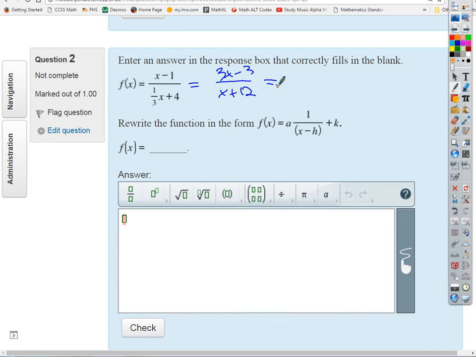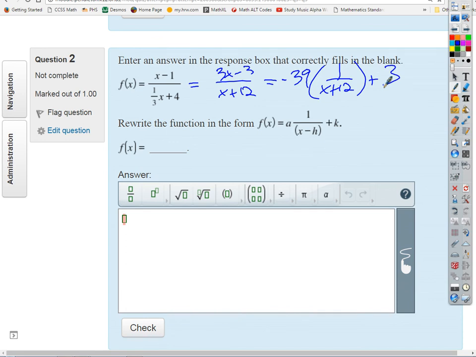We don't have to redo all this algebra. Negative 39 times 1 over (x plus 12) plus 3, like that.